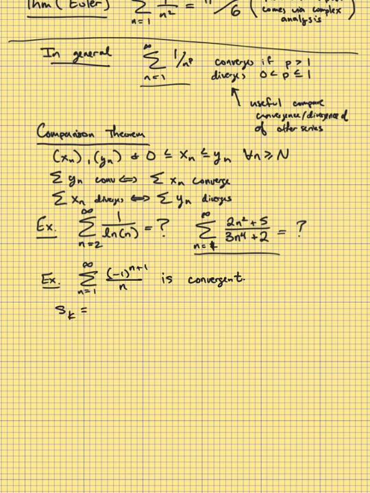So s sub k is equal to 1 minus a half. Let's see, am I getting the numbers right? So 1, okay, yes, plus a third minus a fourth plus a fifth, and so on, and then plus or minus 1 over k. Okay, and to show convergence, we'll use the Cauchy criterion.